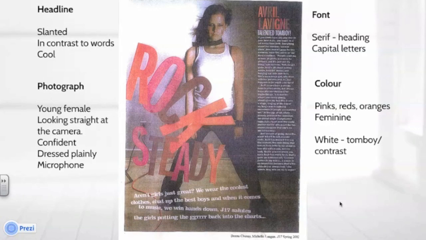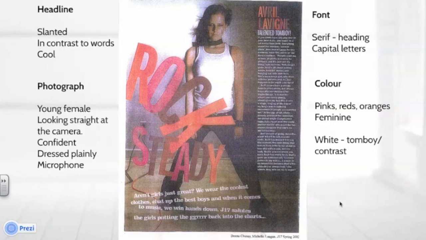And the main colours used in this article are pinks, reds and oranges again, so like the Lipsil advert, they're very feminine colours. But we've also got Avril Lavigne dressed in a white vest top, which is very tomboy-esque, so that's a huge contrast to the feminine colours that are used.